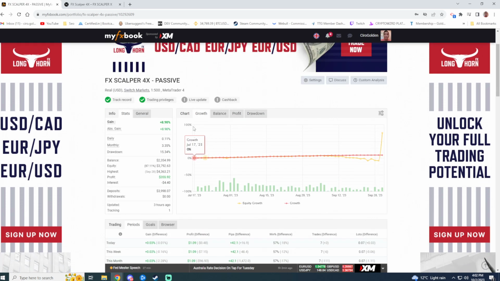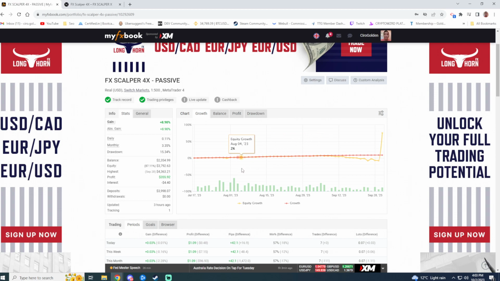So we can see here as well the growth on our passive. Remember, our passive risk setting is a little bit lower than our standard setting. So the line that's going up is going very slowly, as you can see. The growth isn't like we're climbing a steep mountain.